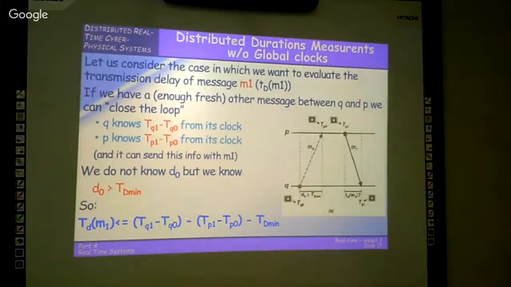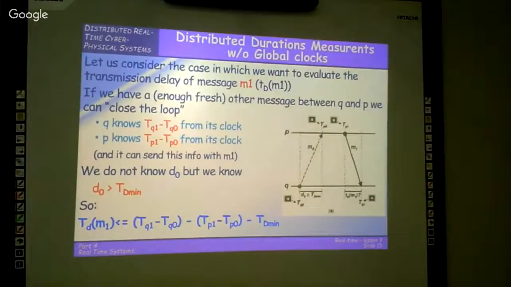So, I don't know D0. I know, however, that D0 is greater than a minimum time necessary for transmitting packets on my network. Normally, given the technology, I can derive a minimum time, Tmin. So I can make some inference here, and I can say that the duration of M1 is less than or equal to the big interval here minus the short interval minus Tmin.